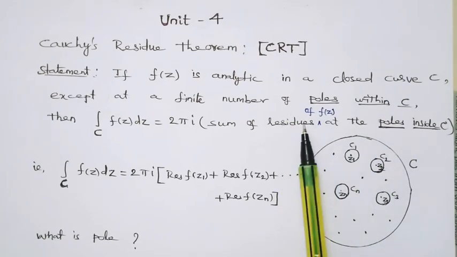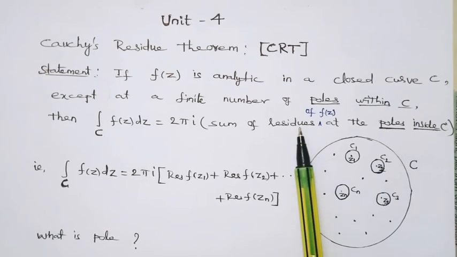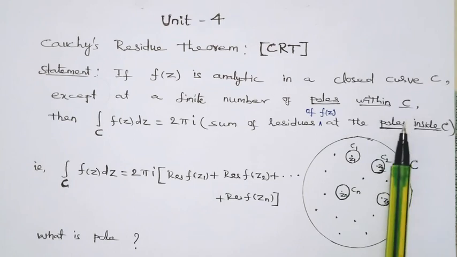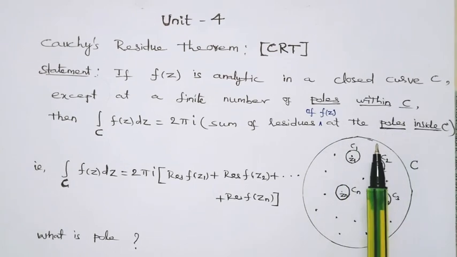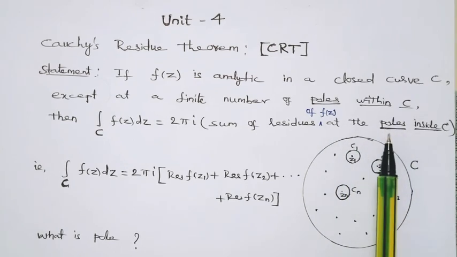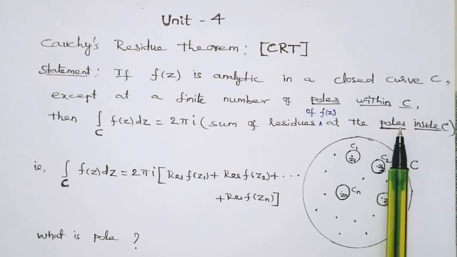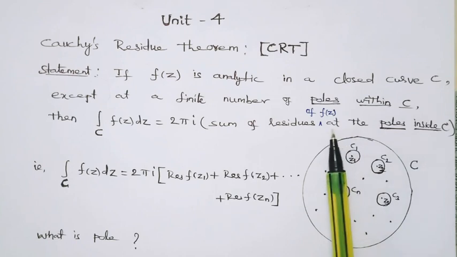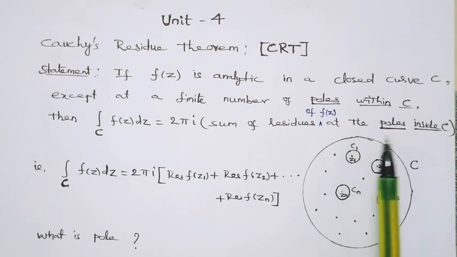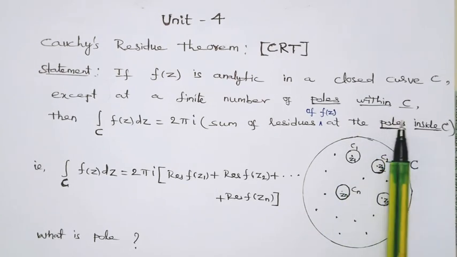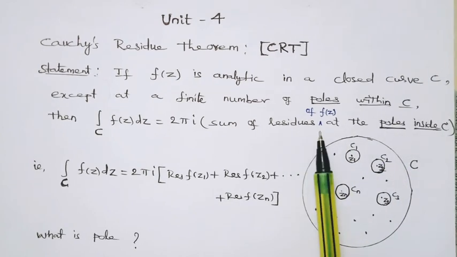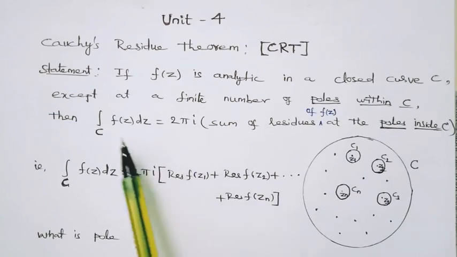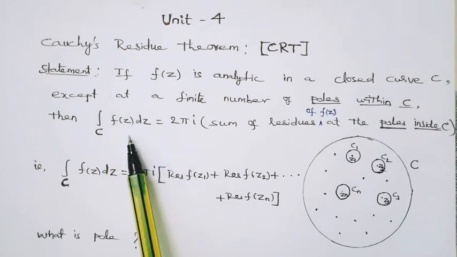So you must find residue, then sum it. So before finding residue you must find pole. Without pole we cannot find residue because pole is the base. So after finding pole, based on the pole order we can find residue by using formula. So you must find poles first, after that go for residue. Then after finding residues just sum all that residue, that gives you the corresponding integral value.